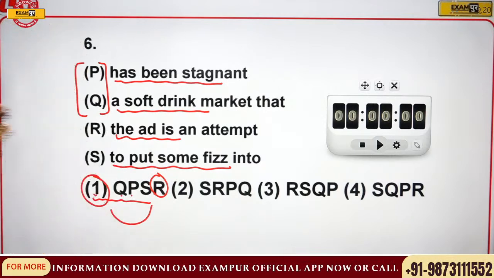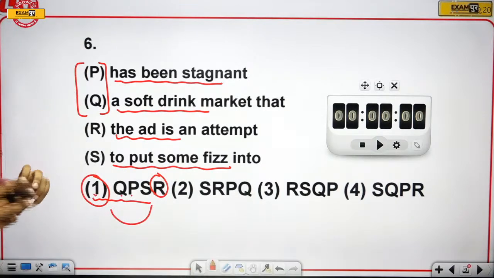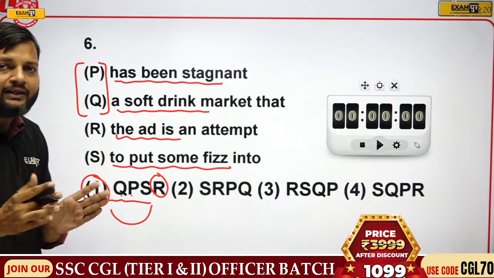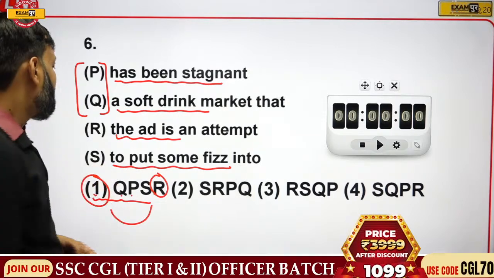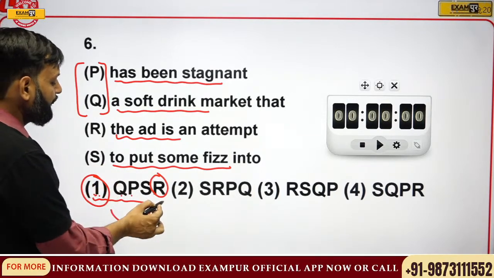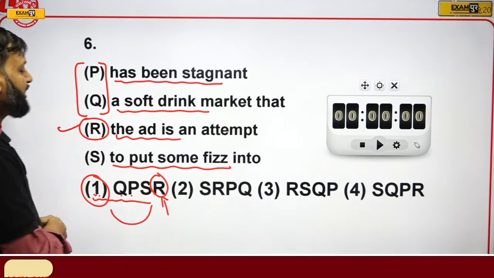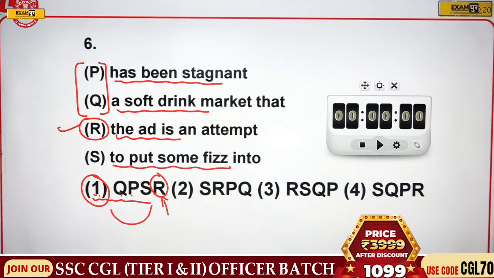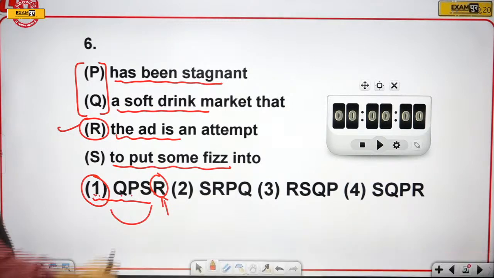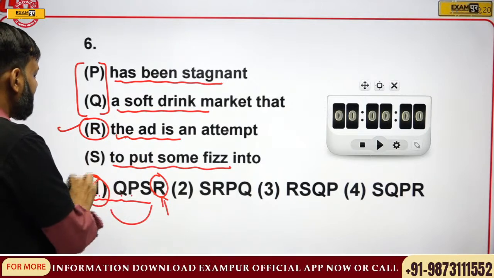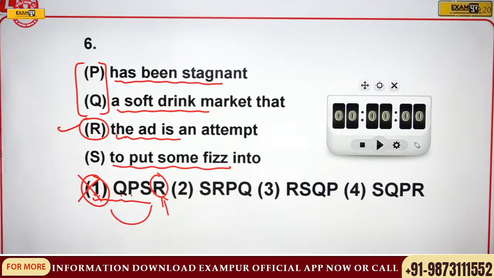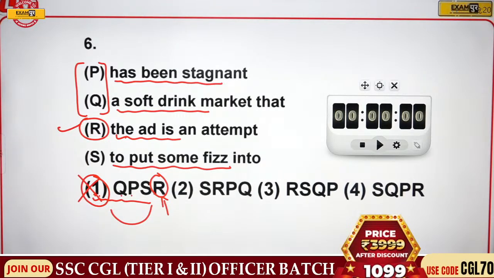So although P and Q make a meaningful arrangement, it cannot be the answer, because according to option number 1, R is the last sentence and R cannot be the last sentence. The ad is an attempt. This cannot be at the end. That's why we need to eliminate option number 1. And SRPQ.